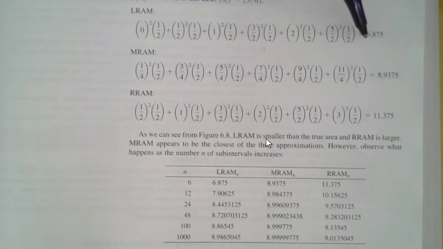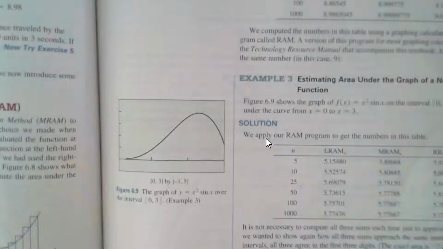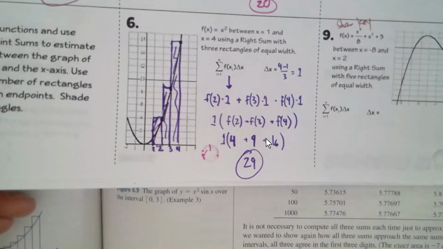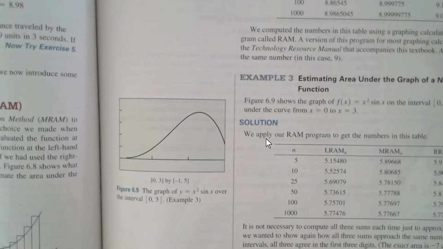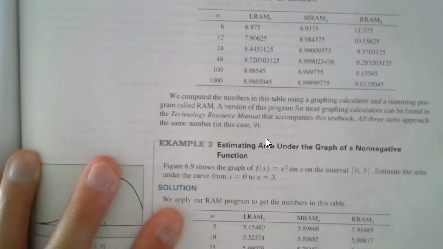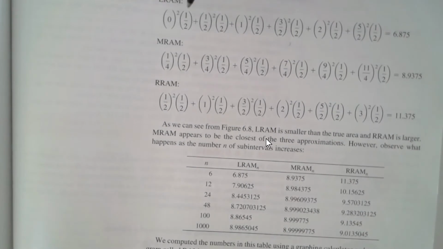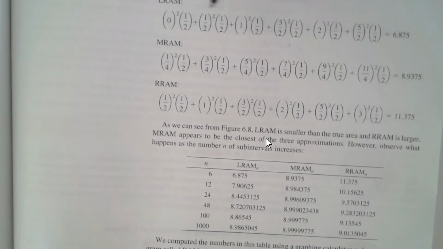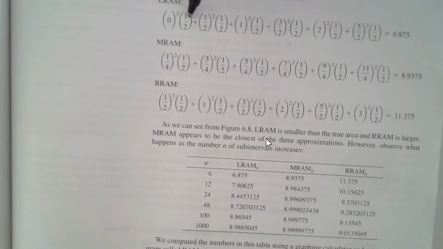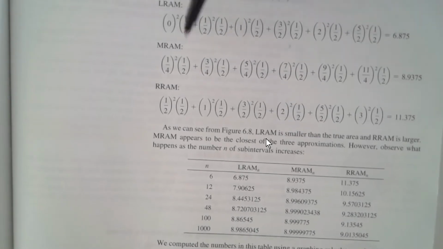It should look very similar to all the different approximations we were doing here if you look carefully. You can suspect just from looking at the work here that the 1/2 occurring in each of these values should tell you that the equal bases they determine are 1/2 big, and they did it for both the left sum, the middle sum, and the right sum.